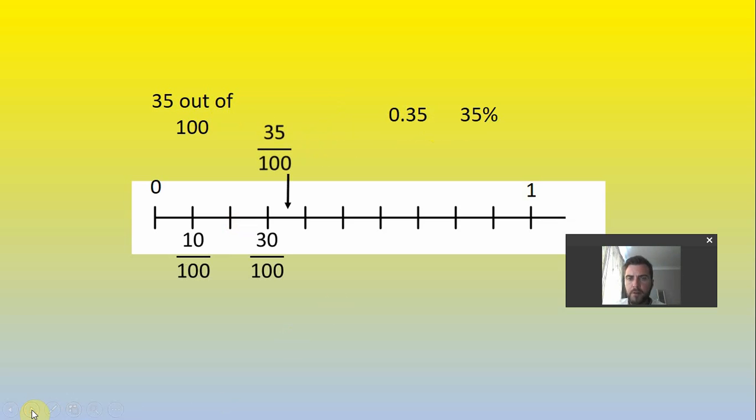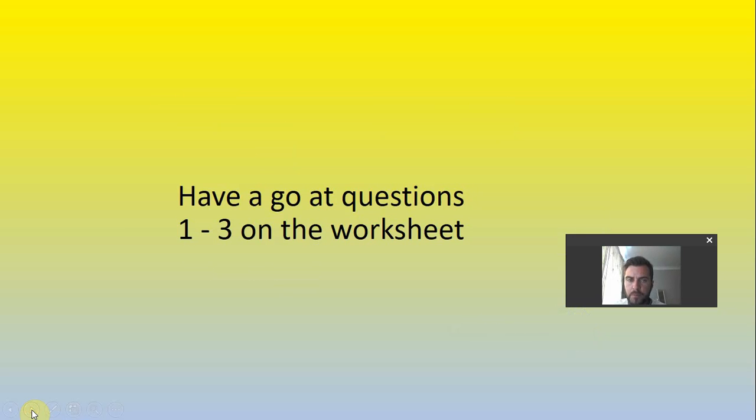Therefore, 35 hundredths will go there. Where would they go? Have a think. It would also go in the exact same place on the number line because they're equal.